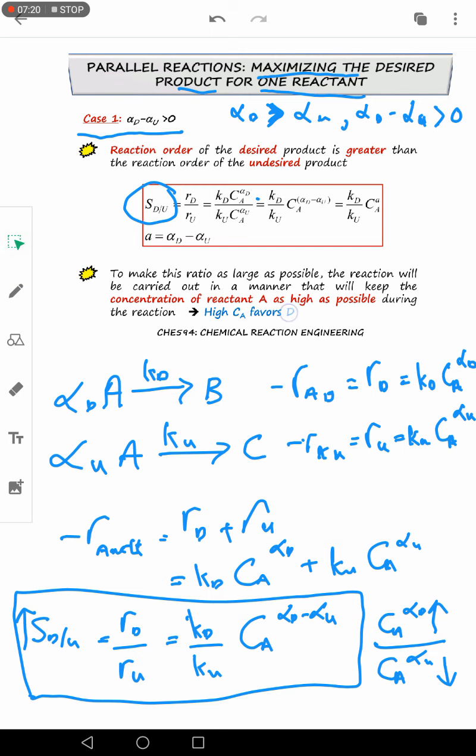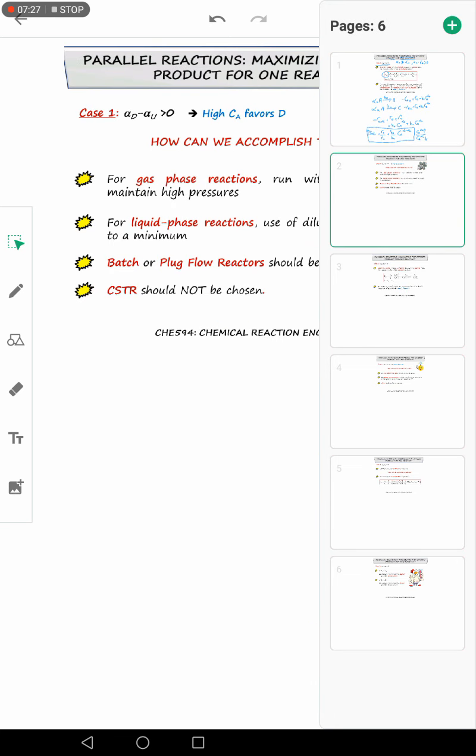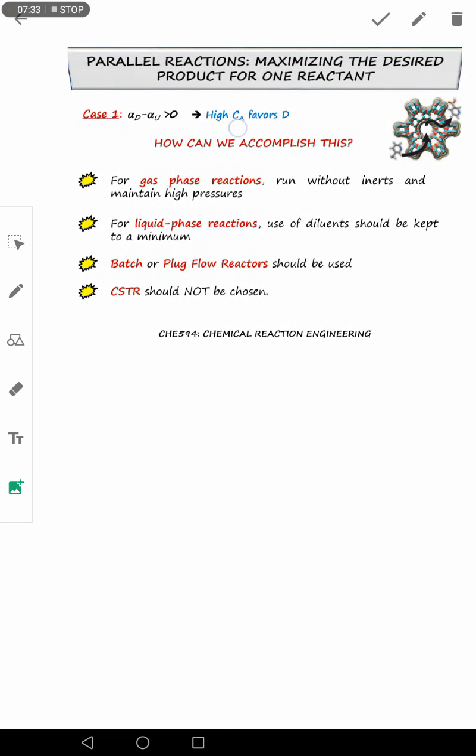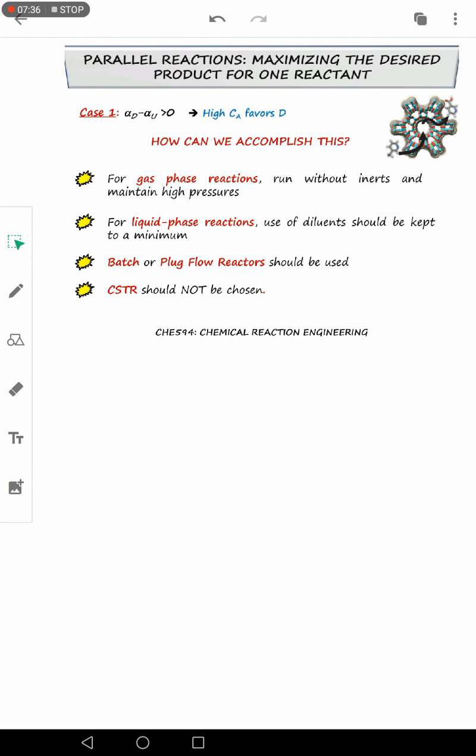So, in order for you to make this concentration of reactant A as high as possible, there are things that need to be done. These are the suggested things to make sure the concentration Ca is always high. For gas phase reactions, you need to make sure there are no inerts, and you always have to maintain high pressure.